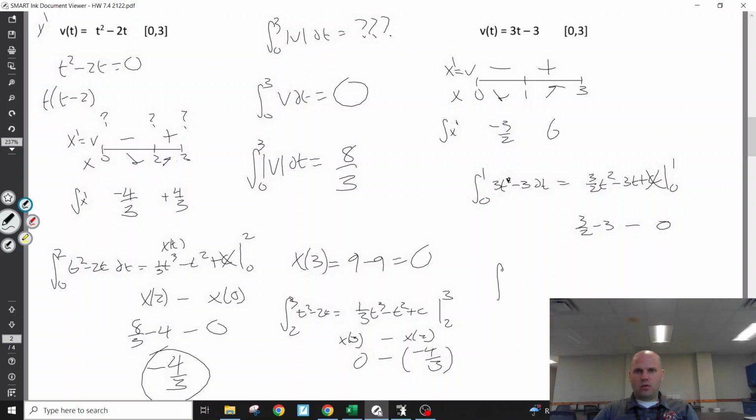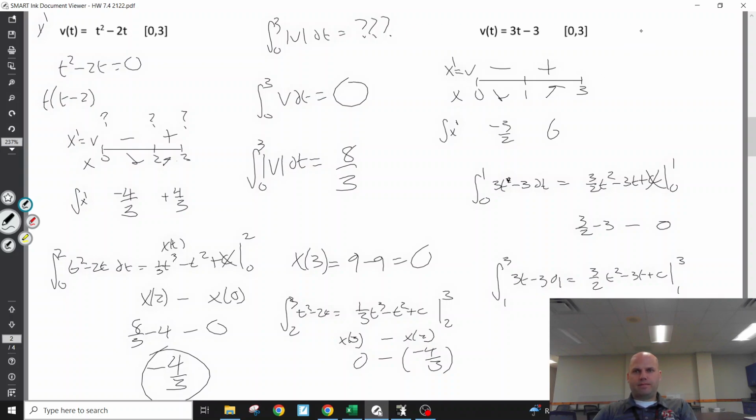And then if I do from 1 to 3 of 3t minus 3, again, 3/2 t squared minus 3t plus c, but it's 1 to 3. This is 27/2 minus 9 plus c minus 3/2 minus 3. This is 18/2, so that's 9/2 minus, this is negative 3/2, so 9, 10, 11, 12/2, which is 6.